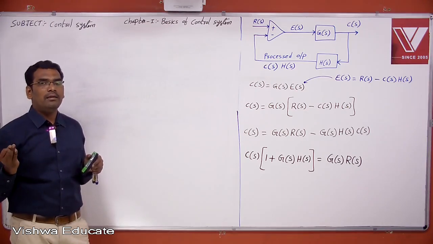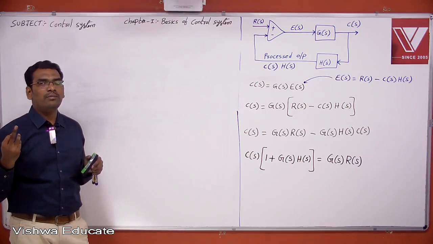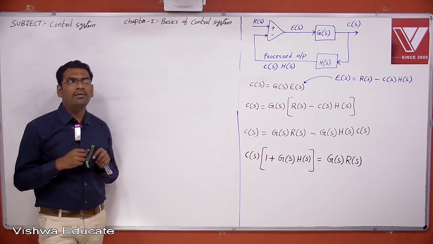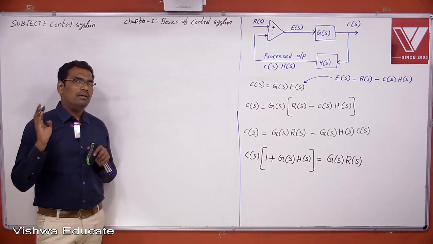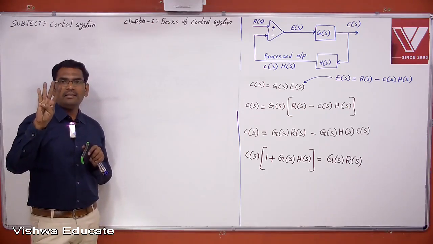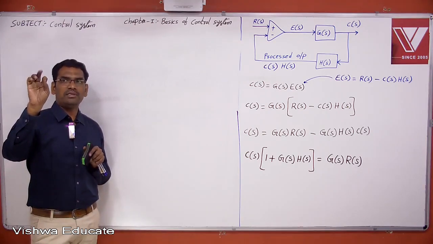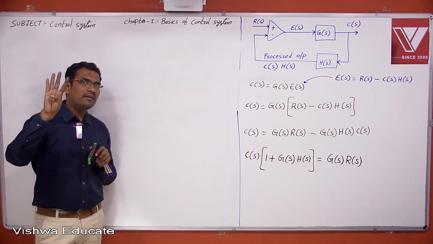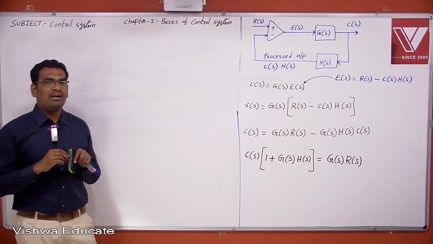From there, we saw the pole definition, zero definition, and two other important parameters, type and order. In a single word: type, order, pole, zero. If you understand these four parameters, definition of zeros, poles, type and order, then I think nothing is difficult in the control system.